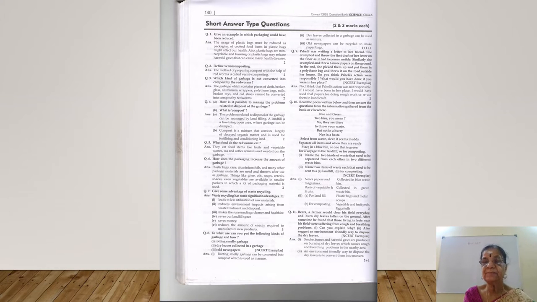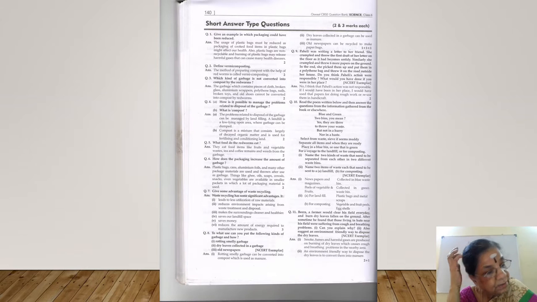Dry leaf இங்க referring to நம்ம ஏரியாலெல்லாம் வேப்ப மரம் குப்பை உதிரும் இல்லையா, வேப்பிலை அது. Dry leaves collected in garbage can be used as manure. Then old newspapers can be recycled to make paper bags. I hope you understand this.